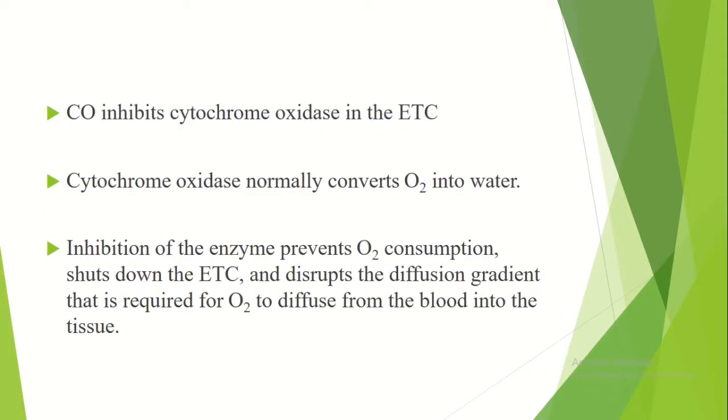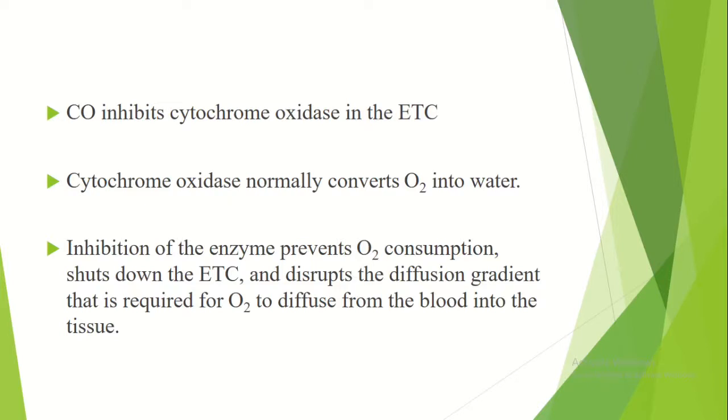In addition, carbon monoxide inhibits cytochrome oxidase in the electron transport chain, and cytochrome oxidase normally converts oxygen into water. So inhibition of the enzyme is going to prevent oxygen consumption and shut down the electron transport chain. This is going to disrupt the diffusion gradient that is required for oxygen to diffuse from the blood into the tissue.